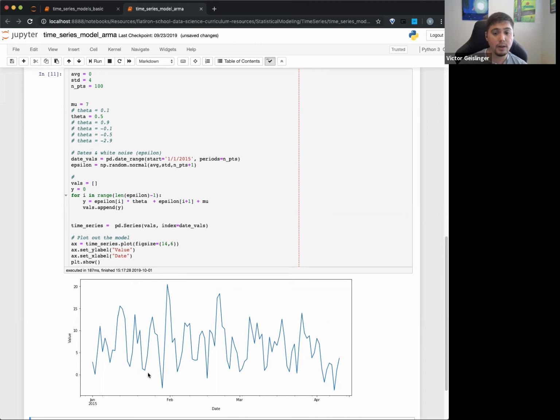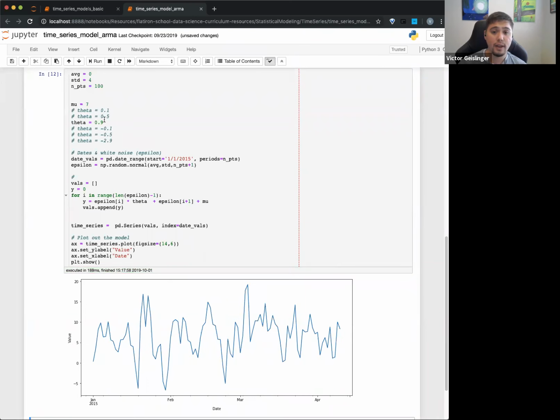If we're going upward, we're going to tend to continue upward. But there's still points where we can have an inflection, where we go down and then back up again. If we make this very strong, the noise overpowers everything, right? If I make this really, really strong, you can see it becomes really noisy because essentially it's built on the previous noise point.